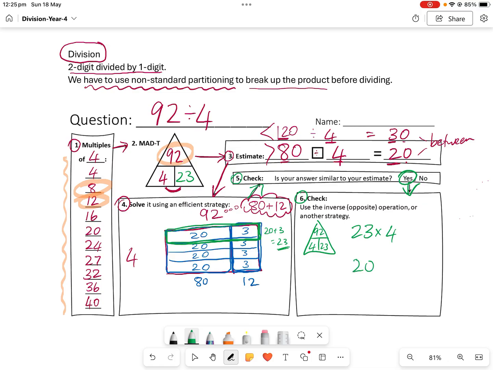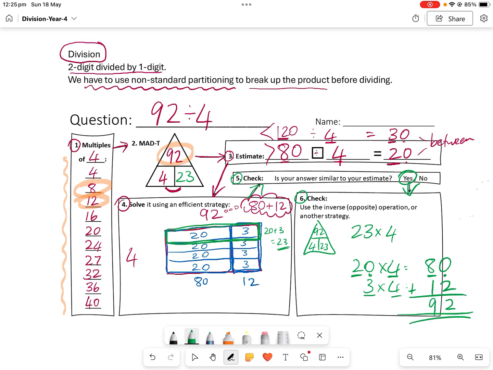So 20 times 4 plus 3 times 4. I'm going to add those together and see if my total is 92. 2 times 4 is 8, which is 8 tens because it's 2 tens times 4, so that's 80. 3 times 4 is 12, and then I'll add those together. 0 plus 2 is 2. 8 plus 1 is 9.